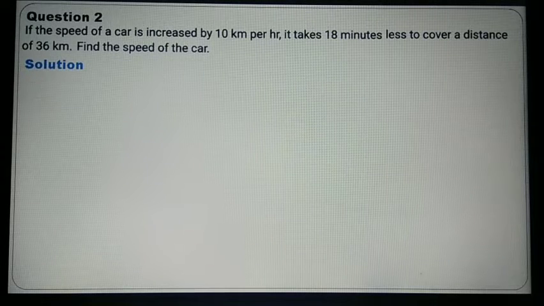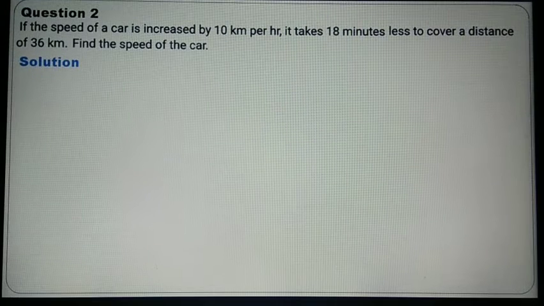Suppose I want to travel from Darjeeling to Siliguri, and I'm moving at 50 kilometer per hour, taking 3 hours. Now if I increase the speed, then obviously it will take less time to reach Siliguri, right?